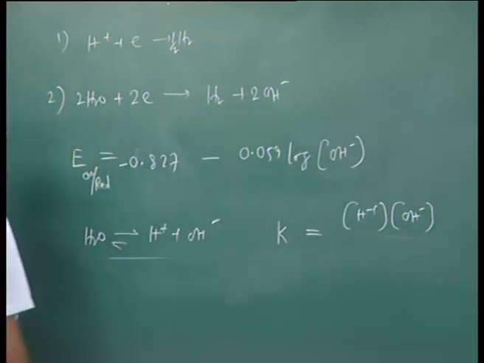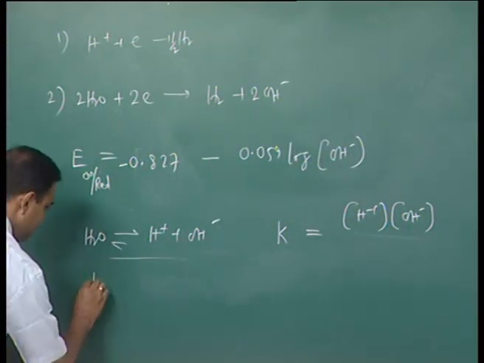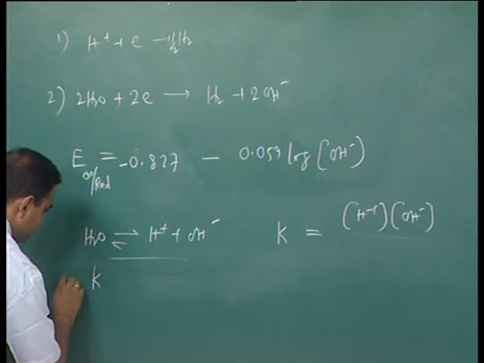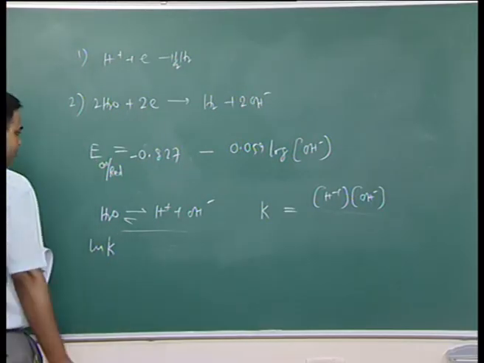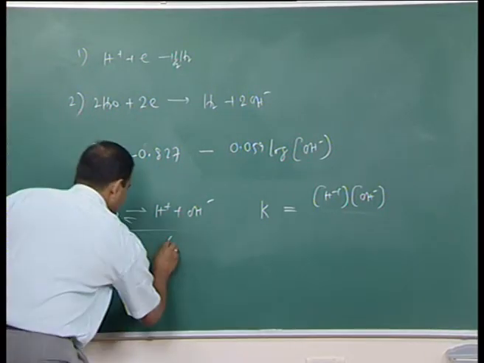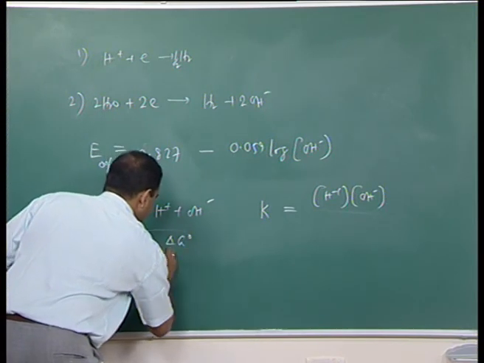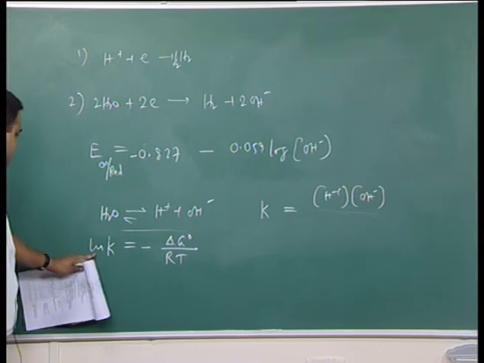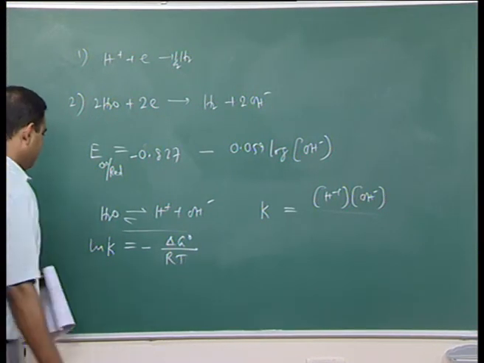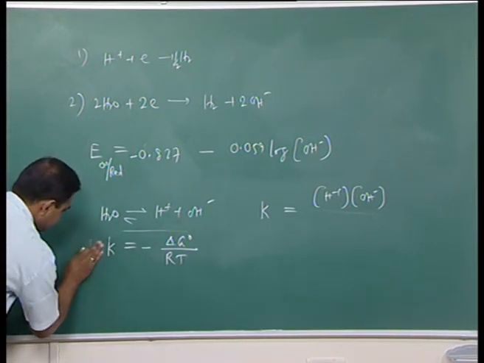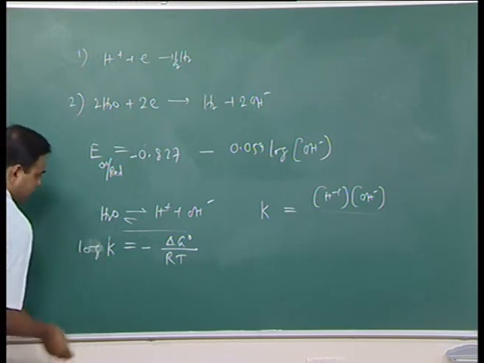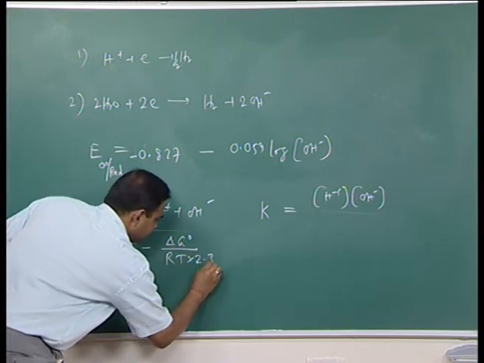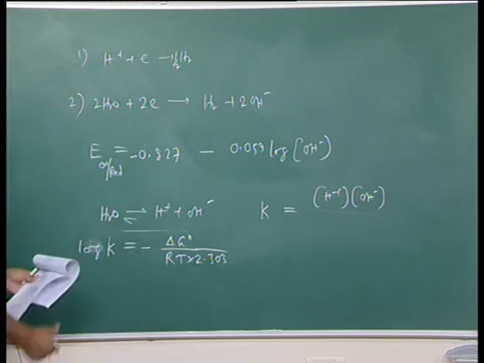Now, K is also related to del G0. ln K would be equal to minus del G0 by RT. Now, if you write in the form of log, you just change it to log and here you put 2.303.